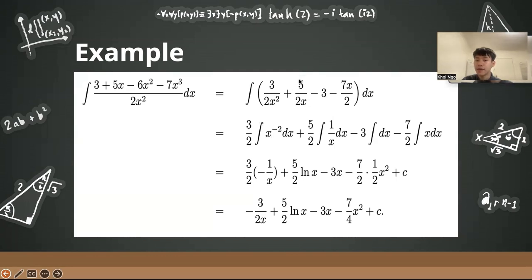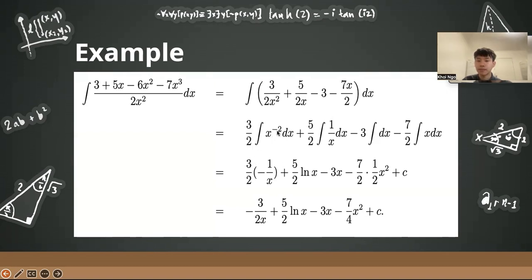And for the second term, we just keep the 1 on x inside of the antiderivative. 5 on 2 is just a constant, so we can take it outside. And minus 3 is like minus 3 times 1, so inside of the antiderivative is 1 dx and 3 is outside. And minus 7 on 2x: we take minus 7 on 2 outside of the antiderivative, and inside of the antiderivative function it would be x.